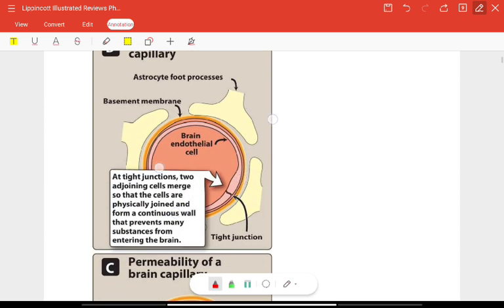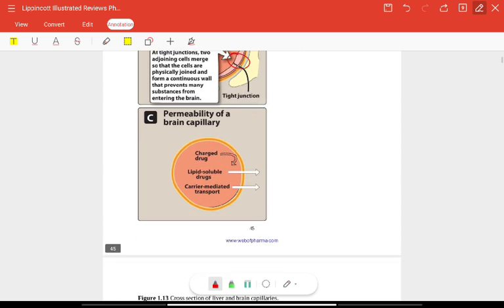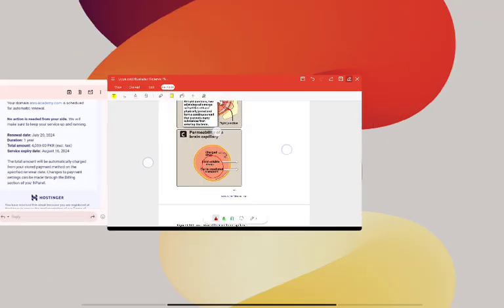But for the brain, there are very tight junctions, and this determines the permeability of a brain capillary. Charged drugs will go inside, lipid-soluble drugs and carrier-mediated transport. These two are the transport systems for the drugs.